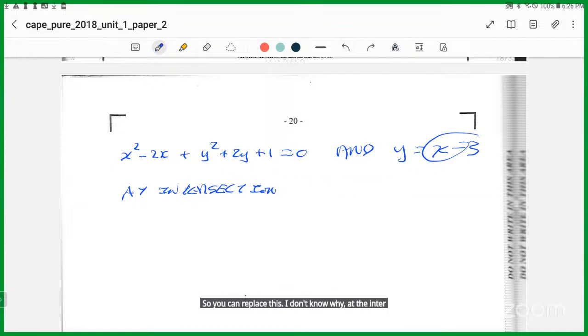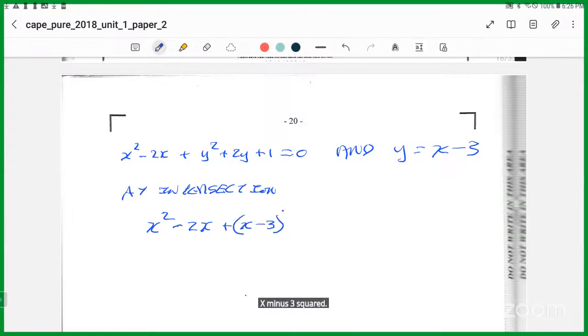So you can replace this for the y at intersection. So you're going to get x squared minus 2x. This y squared becomes this squared, x minus 3 squared, plus 2 times this y again, which is x minus 3, plus 1 equals 0.